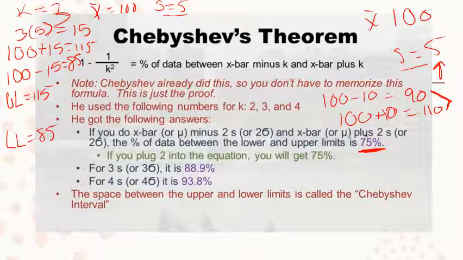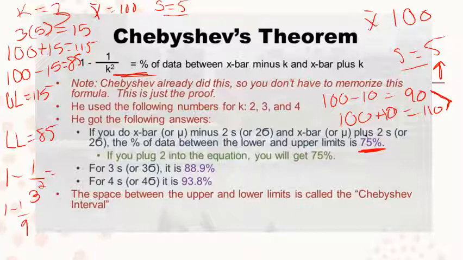Then to figure out which percentage of the data falls between these, we would go 1 minus 1 over 3 squared, which is 1 minus 1 over 9.